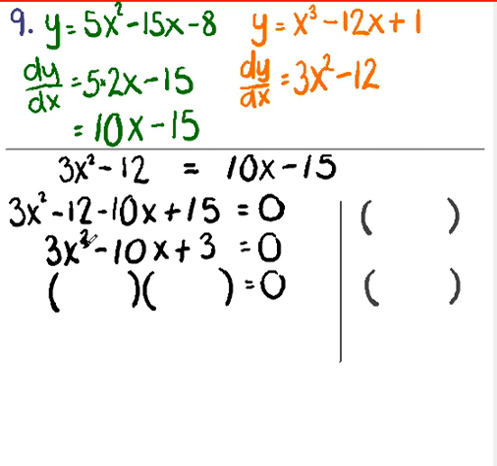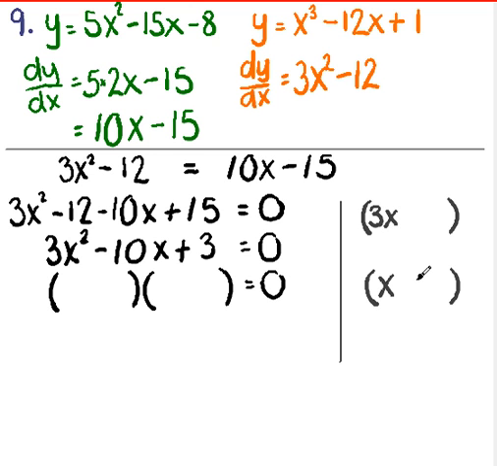First thing we're trying to get is 3x squared. Now that's achieved by having 3x at the front of one of our brackets and x at the front of the other.